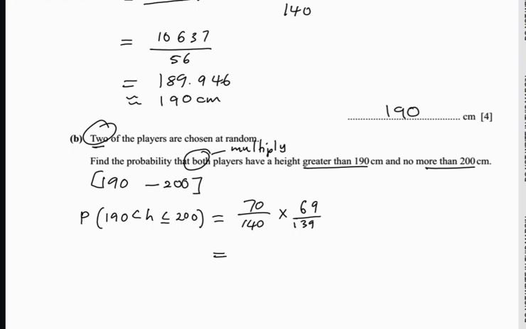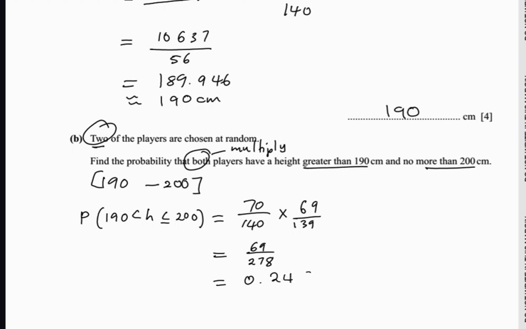So we are now simplifying this. This is 70 over 140 times 69 over 139. As a fraction I am getting 69 over 278. So you can leave your probability as a fraction, but you can turn this into a decimal.